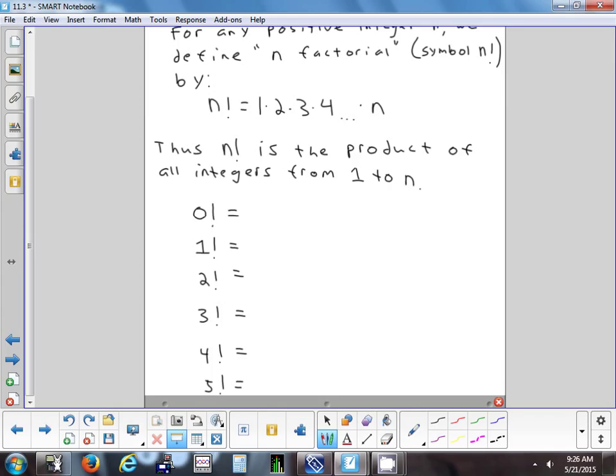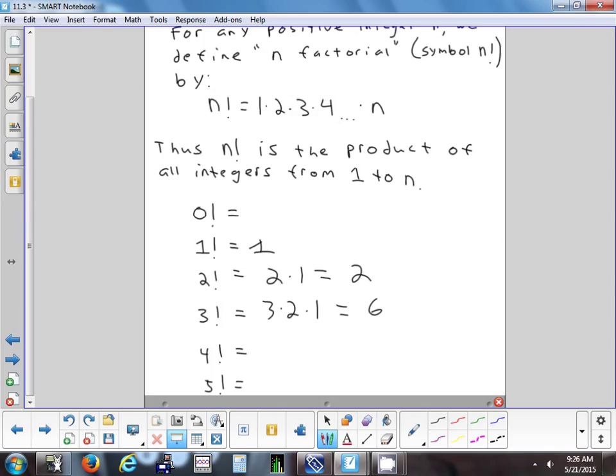What do you think 1 factorial is? 1. It's the product of all the integers from that number down to 1. Well, it's basically itself. How about 2 factorial? 2. It's the product of all the numbers from 2 down to 1. How about 3 factorial? Yep, it's the product of all the integers from 3 down to 1.